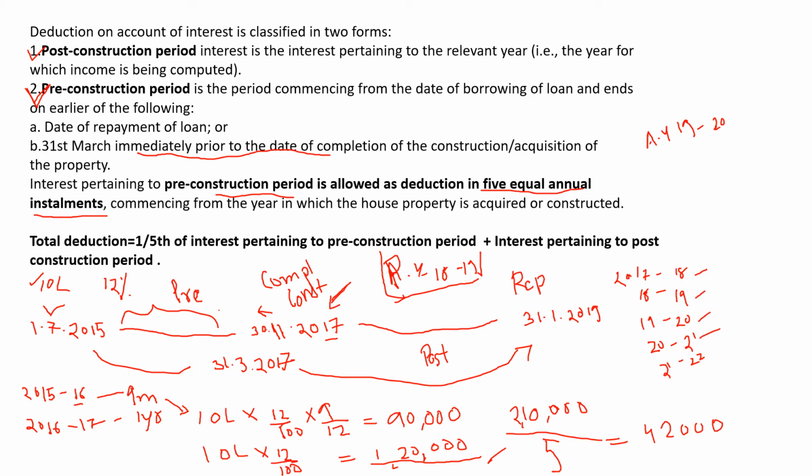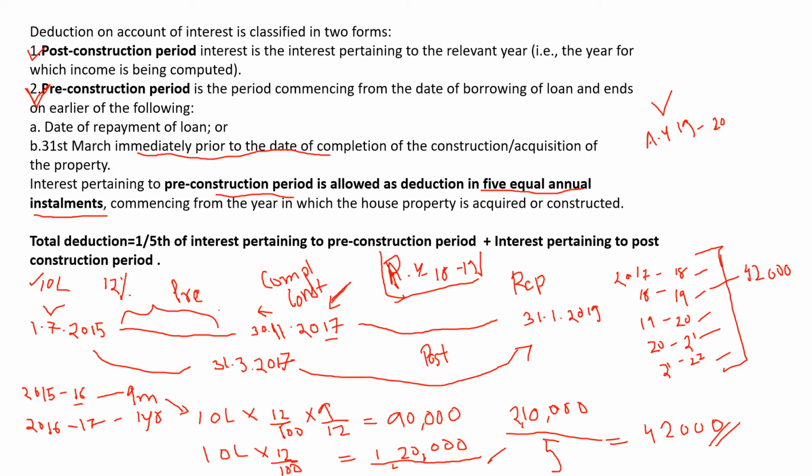This way we will be getting 42,000 for 5 installments. Is it clear? So for assessment year 19-20, the previous year is 18-19. For 18-19, what is our pre-construction period interest? It is 42,000 only.